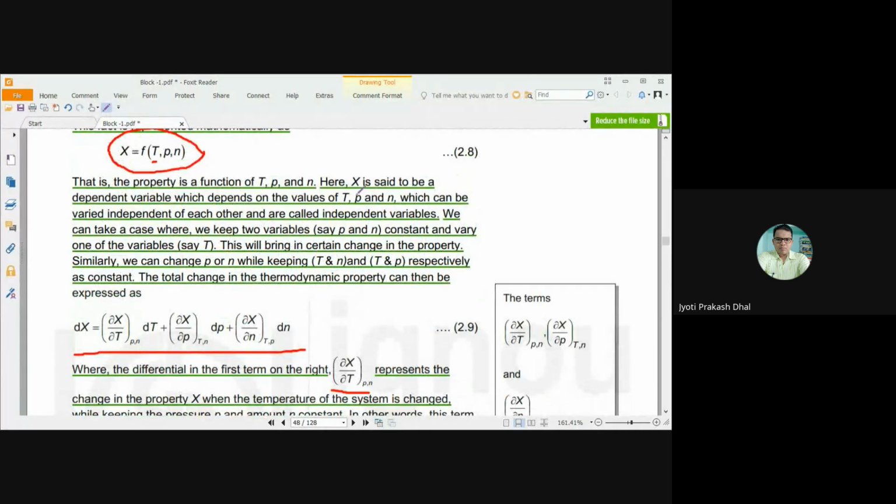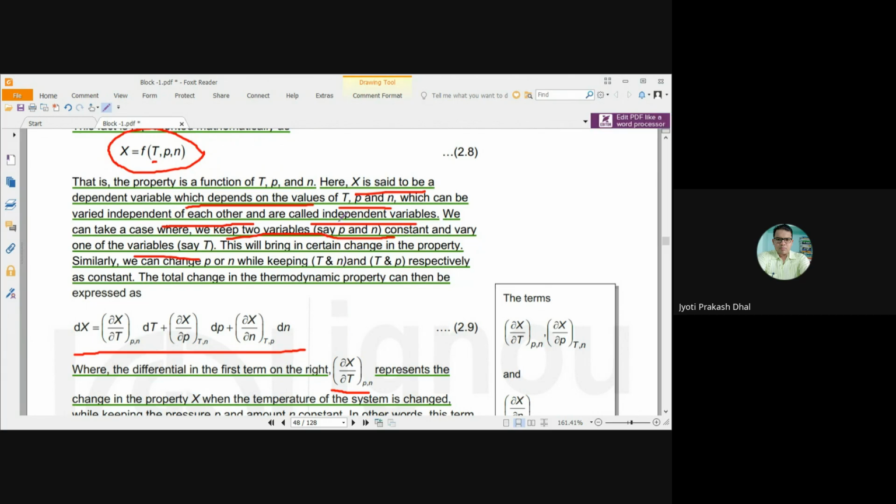So here X is a dependent variable which depends upon the values of T, P and n, which can be varied independently of each other and are called independent variables. We can take the case where we keep two variables, say pressure and number of moles, constant and vary the temperature. So three variables are there for a multi-component system: temperature, pressure and number of moles n.